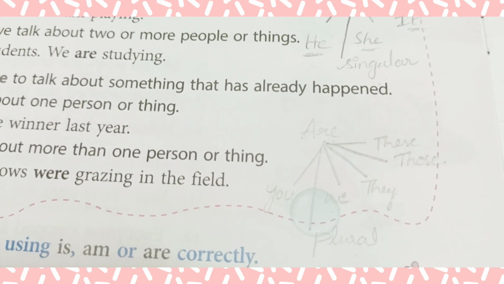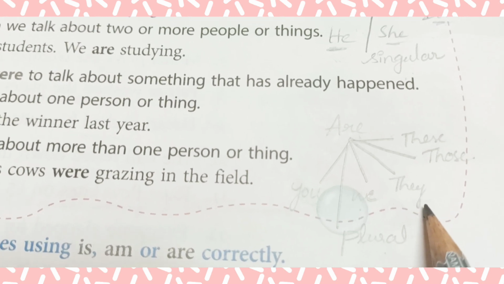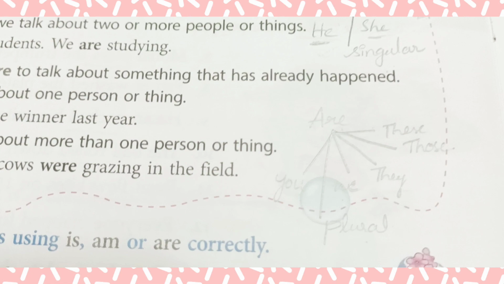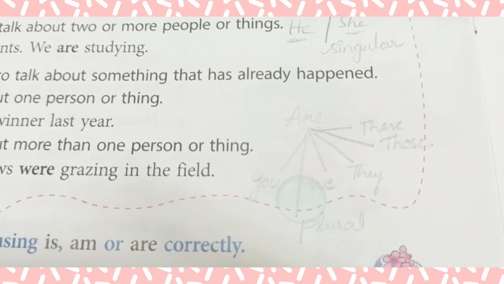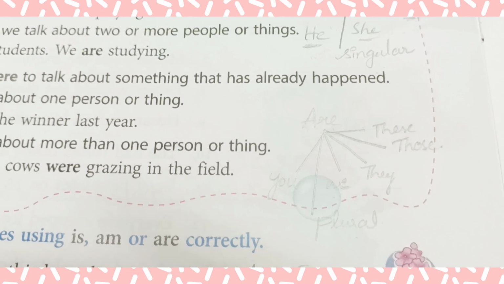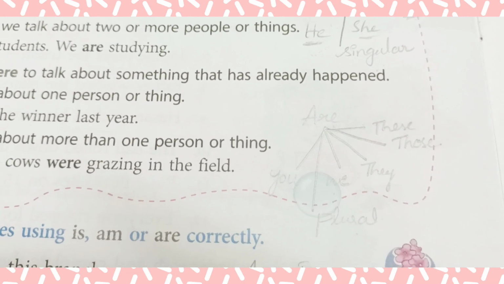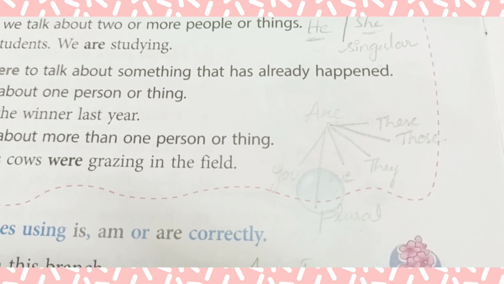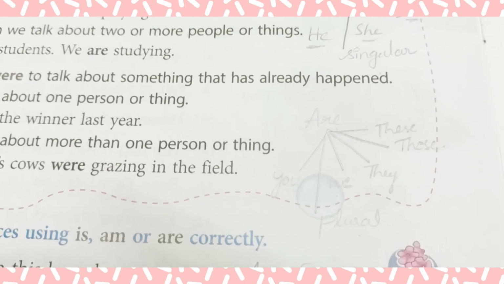So, we are going to the park. They are dancing. You are in the market. Right, children? So when the subject is plural, when we are talking about more than one noun, then we have to use are.